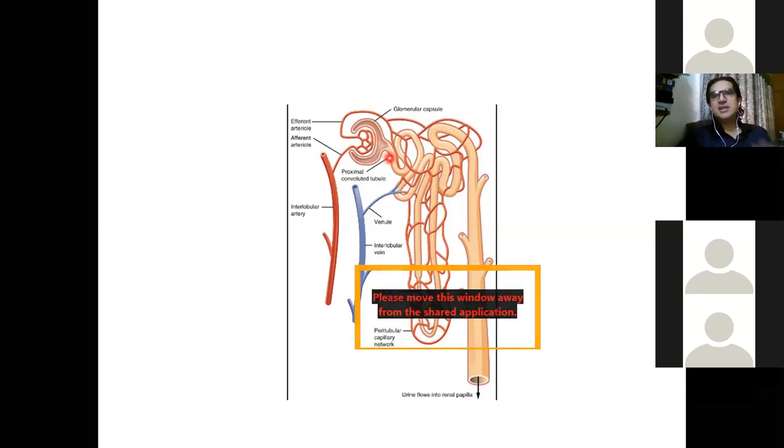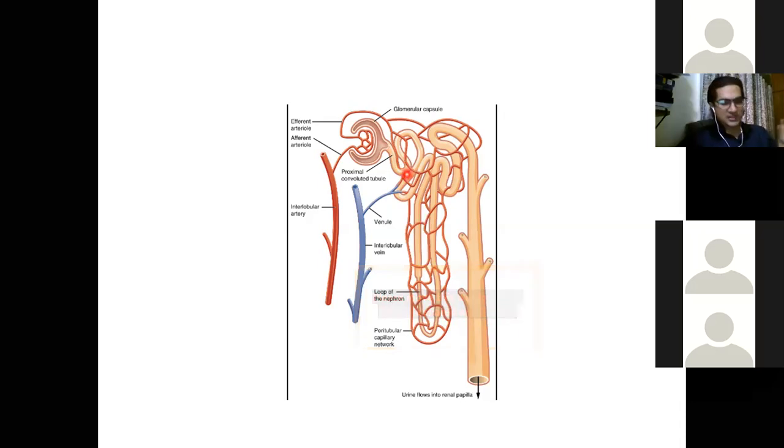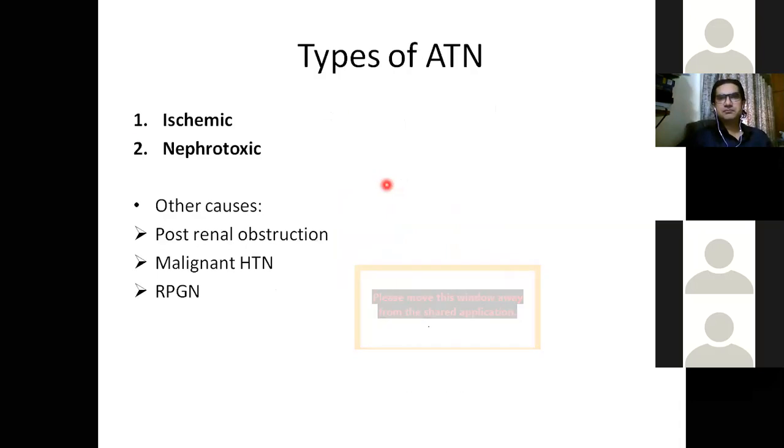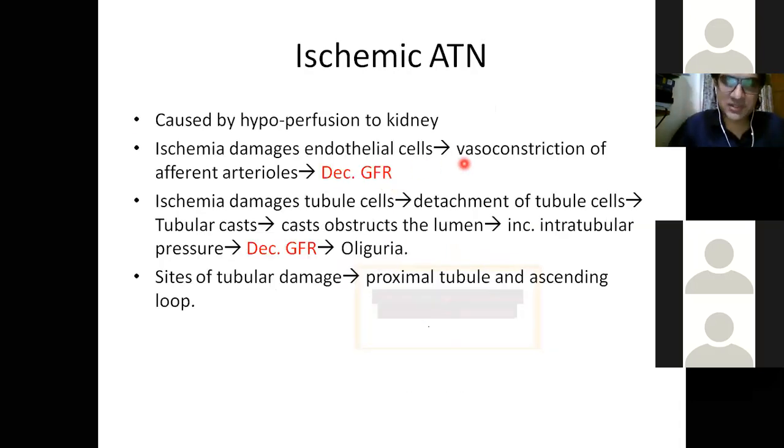The second thing the ischemia does is that ischemia leads to damage to the cells lining the tubule, that is tubular epithelial cells, right? And so the tubular epithelial cells are shed into the lumen, right? The tubular epithelial cells will make a cast of these damaged epithelial cells, and these casts will obstruct the lumen. When the lumen is obstructed, the back pressure increases, and that back pressure leads to decreased GFR. So both of these things will lead to decreased GFR, and decreased GFR will lead to oliguria, right? So this is the pathogenesis of acute tubular necrosis.